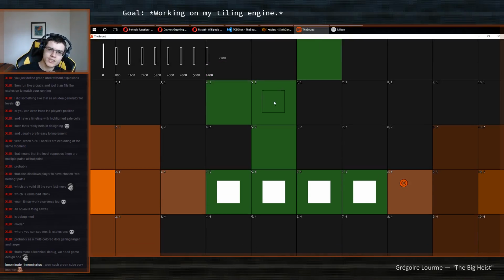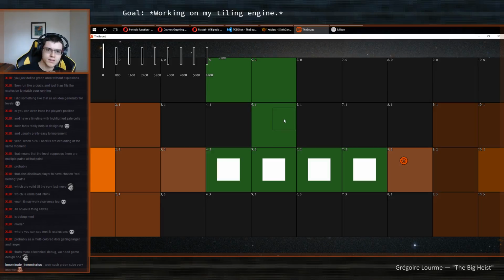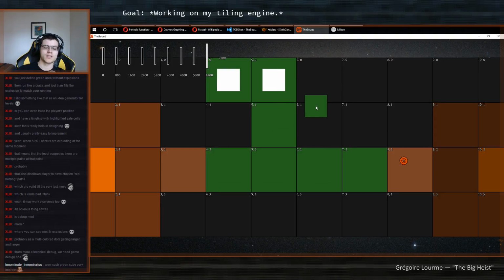So I don't need to actually compute a lot of stuff. It's going to have to be based on overlaps, based on the previous level.